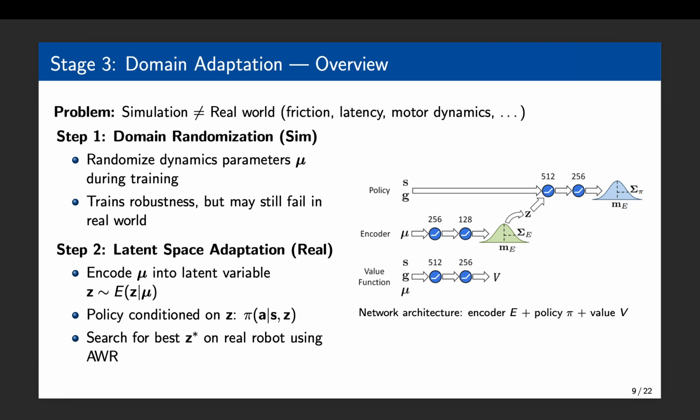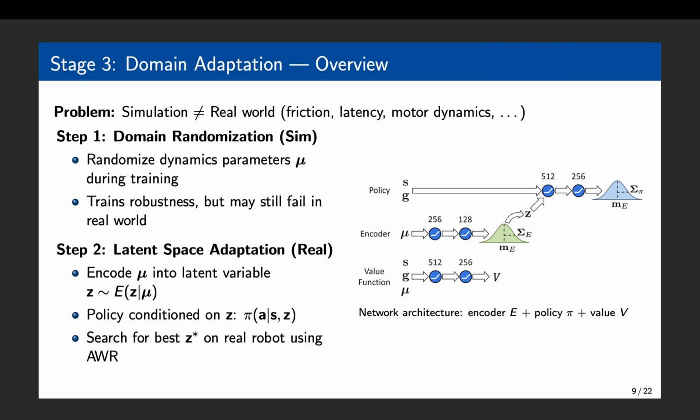So the second part is a latent space adaptation method. The dynamics parameters are encoded into a low-dimensional latent variable z by a learned encoder. The policy is conditioned on z when transferring to the real world.